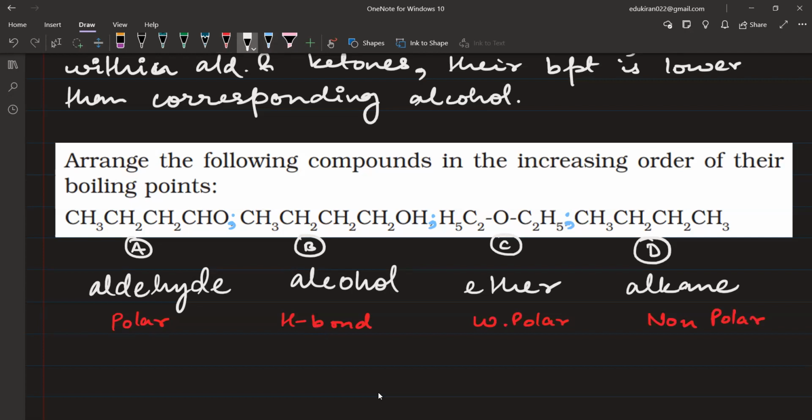Tell me which is the strongest intermolecular force of attraction? Hydrogen bond, very good. Hydrogen bond is strongest. After that, what's after that?